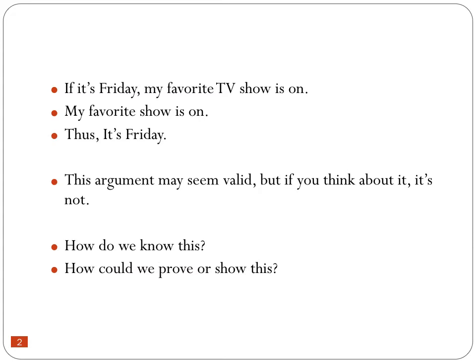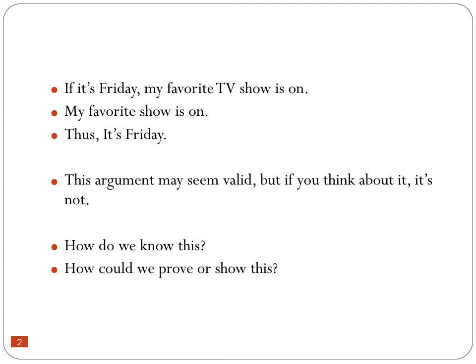Well, one way to do it is to talk through it, or to think through it, and say something like, well, my favorite show is The Tonight Show, and maybe it's on, and I'm watching it on a Thursday, but it's also true that if it's Friday, my favorite show is on.